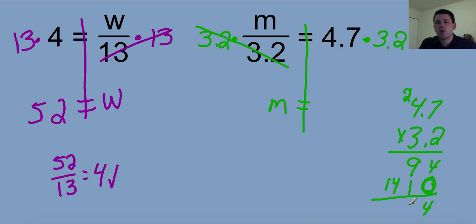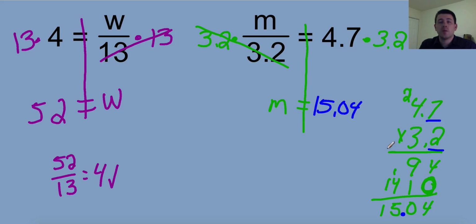Add it up, 4, 10, 5, and 1. And then remember your last step. You got to go back and put your decimal point in. There was 1, 2 decimal places in the problem, so I want to come in 2 spots with my answer. Now we get an answer of 15.04.